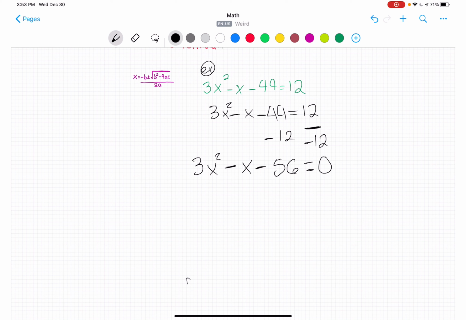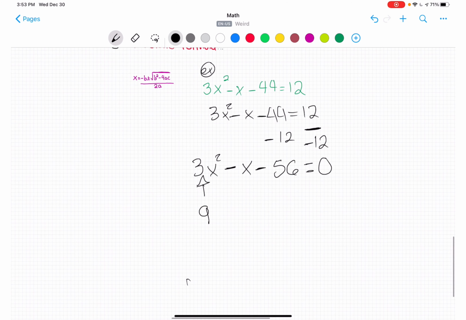so the number with the x squared is going to be the a. The number that is with the x by itself, or x to the 1, is going to be our b. And the number by itself is going to be our c.